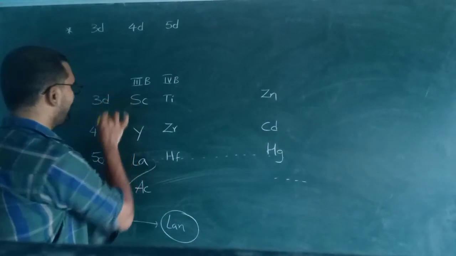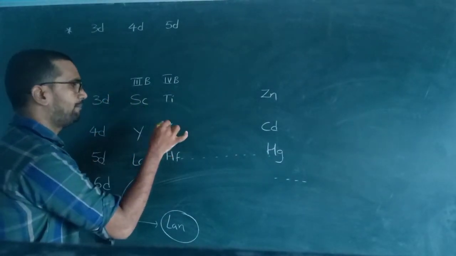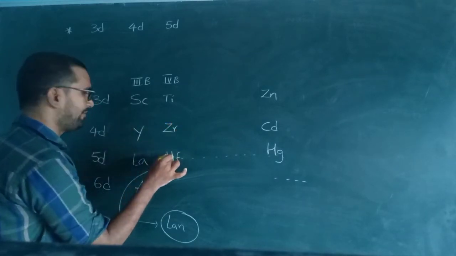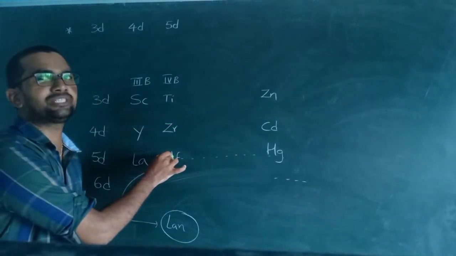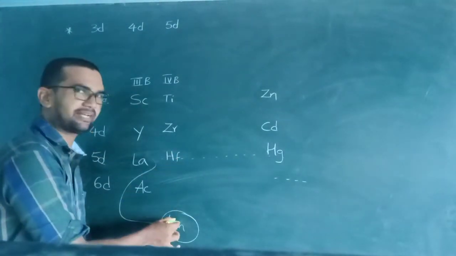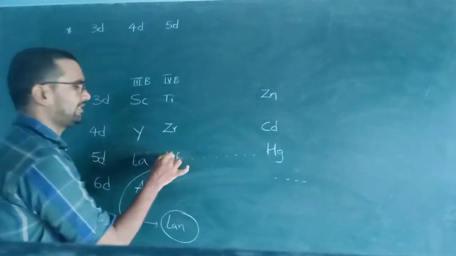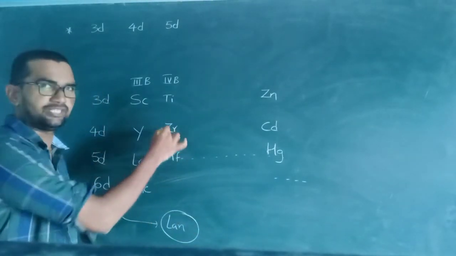So this is 3D, 4D. From 3D to 4D, sizes increase. But 4D to 5D, there is no change. Why? Due to lanthanoid contraction. Because after lanthanum size decreases. That's why there is no change in the size.